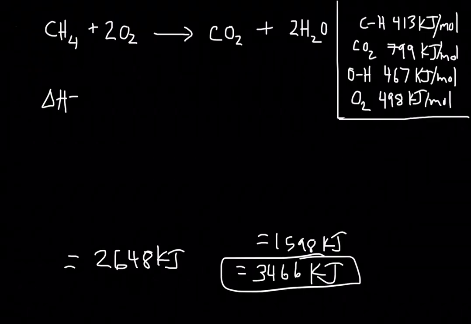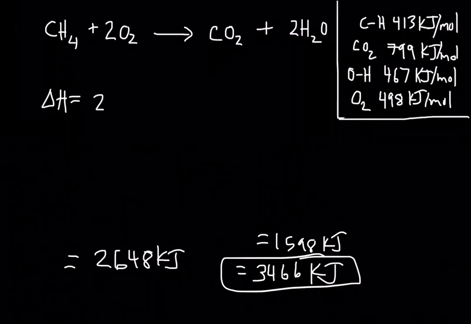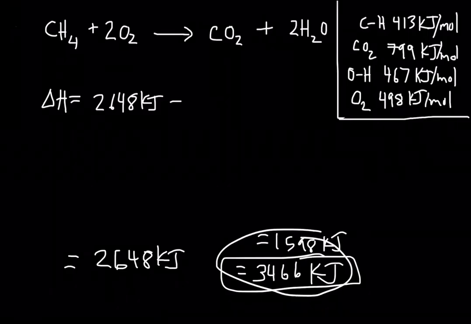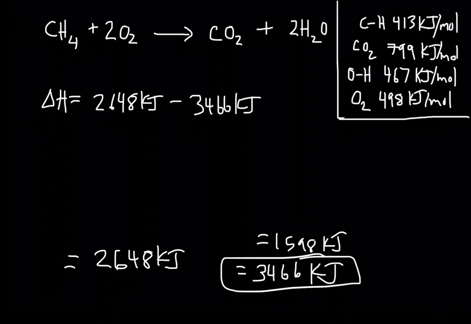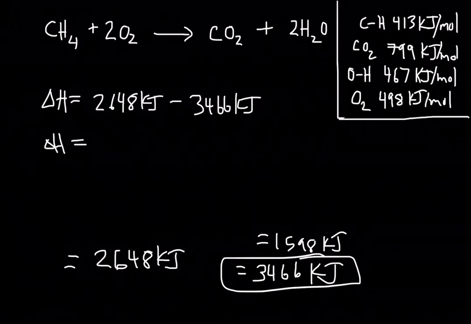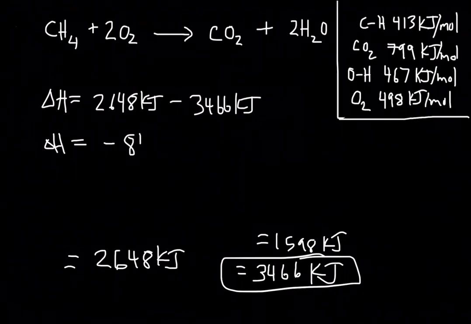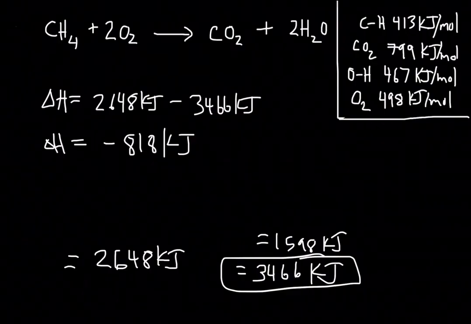So delta H is equal to the energy of reactant, which is 2648 kilojoule, minus this thing here, 3466 kilojoule, and then we should get negative 818 kilojoule. So we lost energy this time. So that means this is an exothermic reaction.